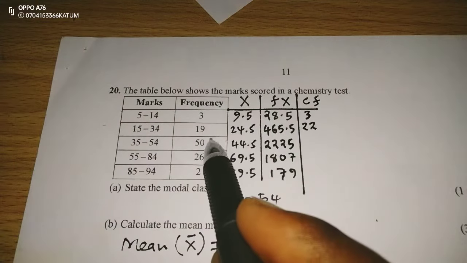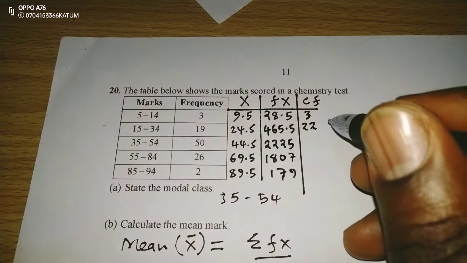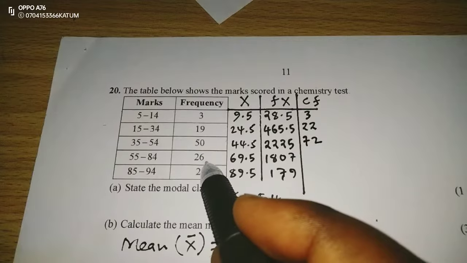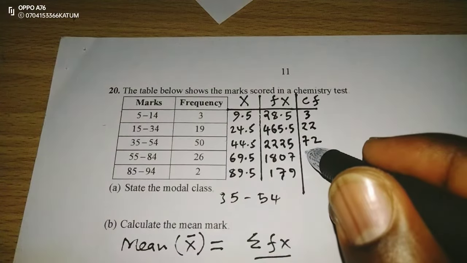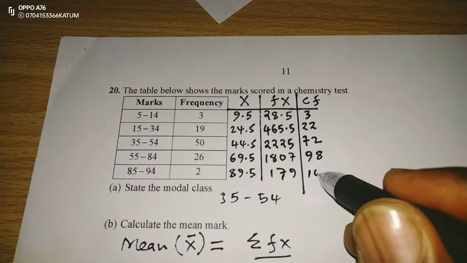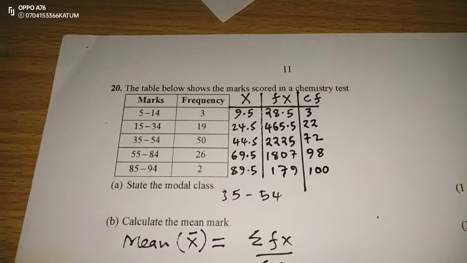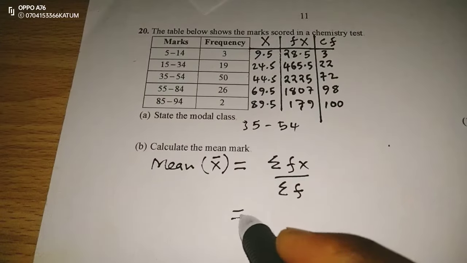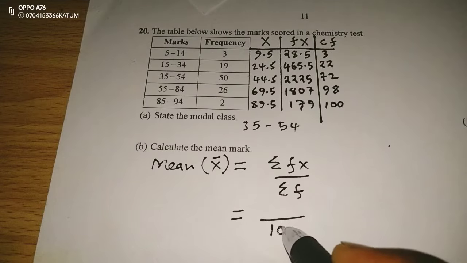The next will be 22 plus 50, which gives us 72. The next will be 72 plus 26, that will be 98. Then finally 98 plus 2, which will be 100. Therefore, the sum of frequencies is going to be 100.